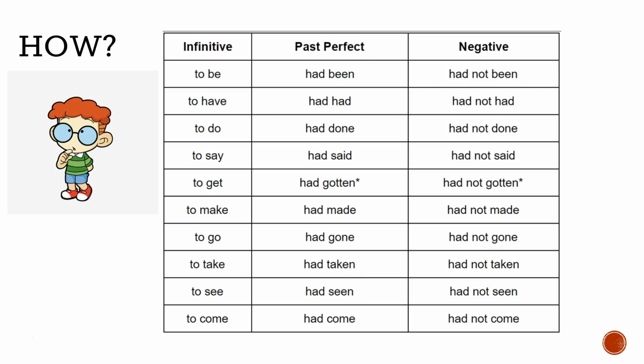And the participle of see would be seen. Of course, in the last column, you'll have the negative of the past perfect. This is quite simple. To make it negative, you just need to put in the not in between the had and the participle.